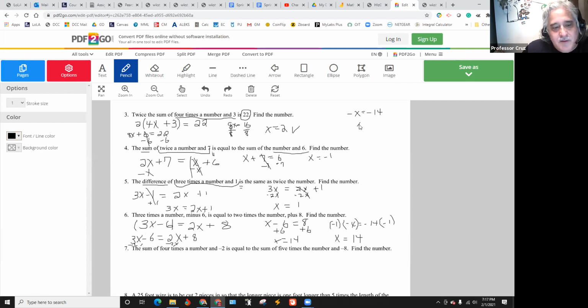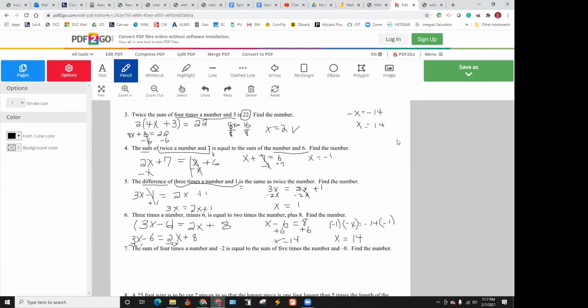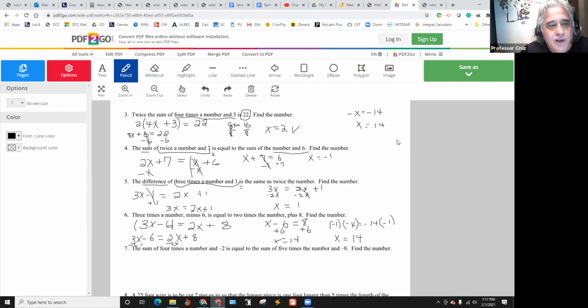In other words, take the opposite, which is the same thing as multiplying by negative 1 or dividing by negative 1 or whatever. Oh, okay. Because negative X is equal to negative 14 is not X equal to negative 14. That's X is equal to 14. Because once you make this a positive X, it also changes the 14 to a positive.